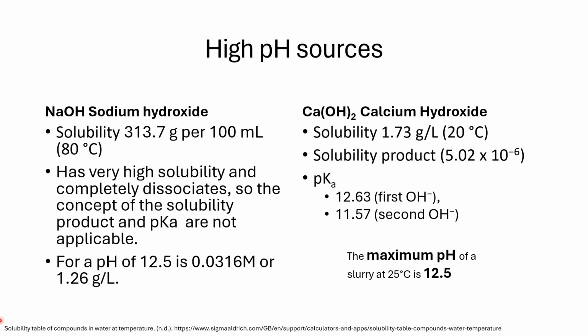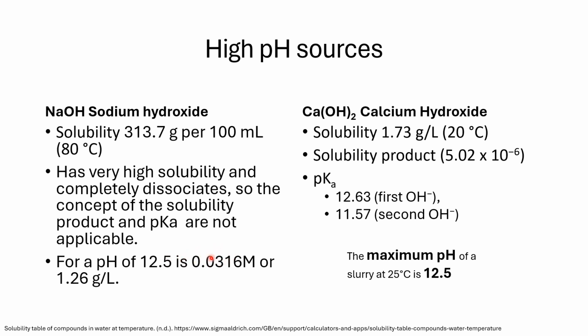So sources of high pH, well, the most obvious one is sodium hydroxide that I showed in the last graph. Now that's very soluble and completely dissociates. So a lot of the time we start thinking about solubility product and how you can talk about pK, and it's kind of not applicable to sodium hydroxide because it is just so soluble, and you can pretty much work out what the pH is going to be for a given concentration.